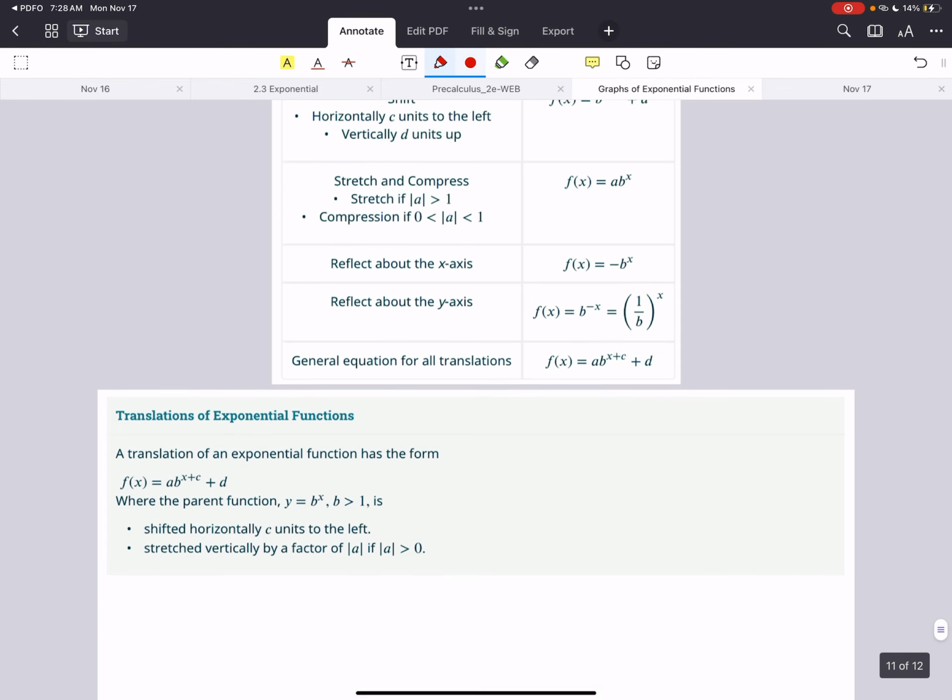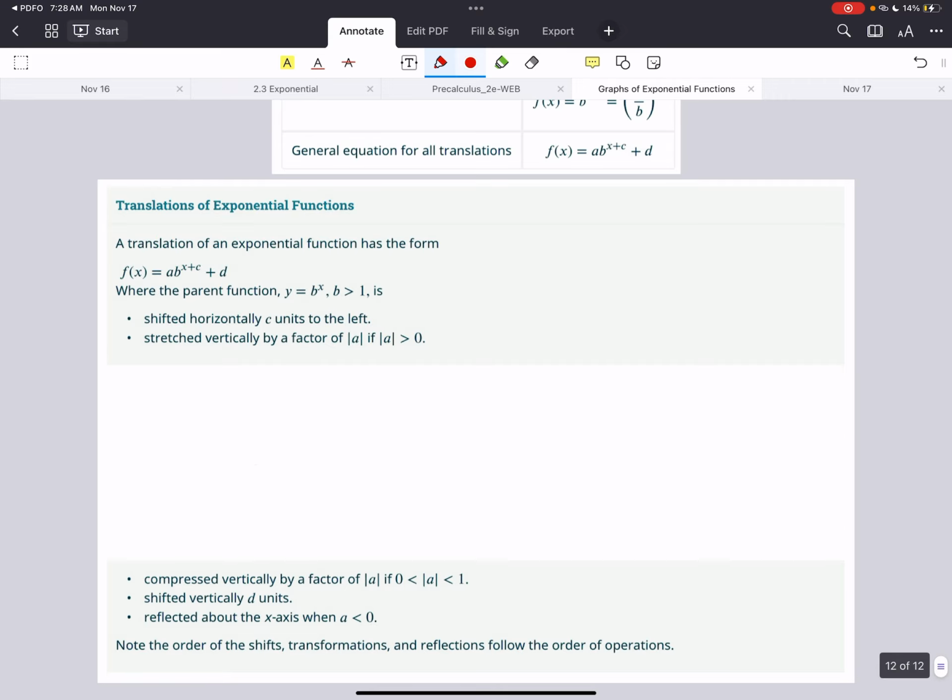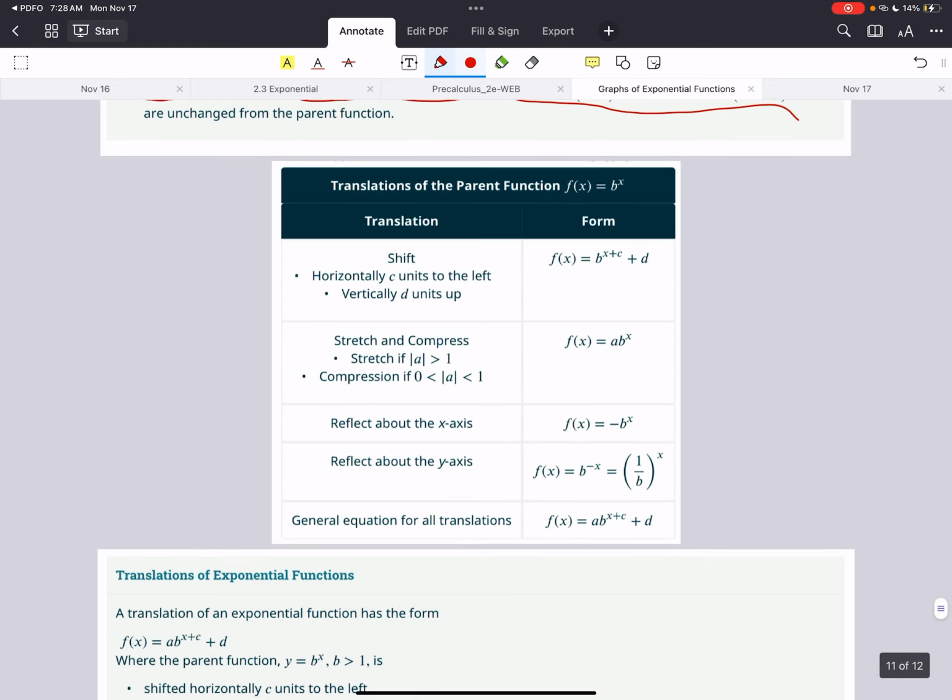Let's see, what else do we have? This is what I was basically trying to tell you, that the absolute value of a between 0 and 1 means it's compressed, and stretched if the absolute value of a is greater than 1. Let's have a look at this form of the function, where it horizontally shifts c units to the left and vertically d units upwards.